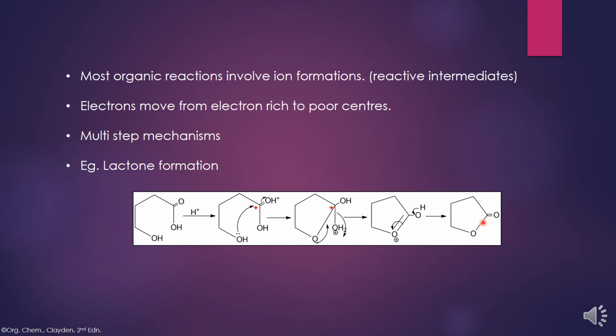So, almost all organic reactions may involve any one of the reactive intermediates, maybe carbocation or carbanion or free radical or any other reactive intermediate. So, the primary difference with the pericyclic reaction is that other reactions involve a reactive intermediate with multi-step mechanisms.